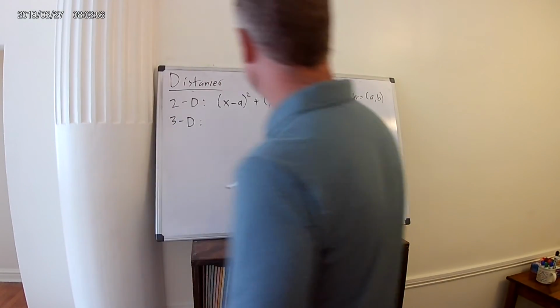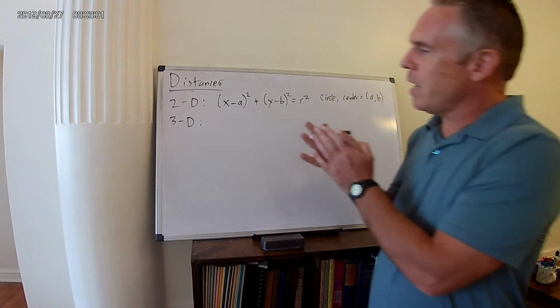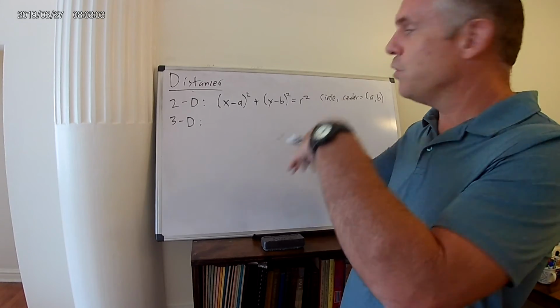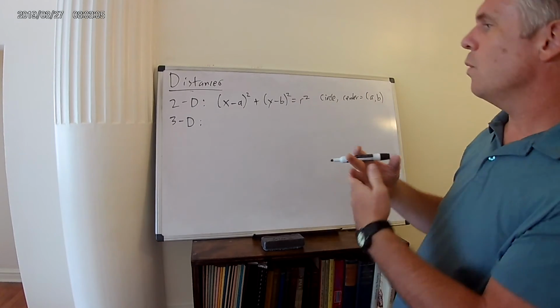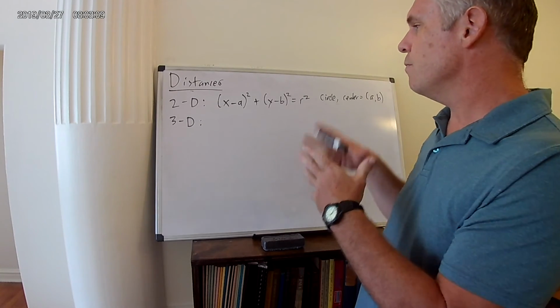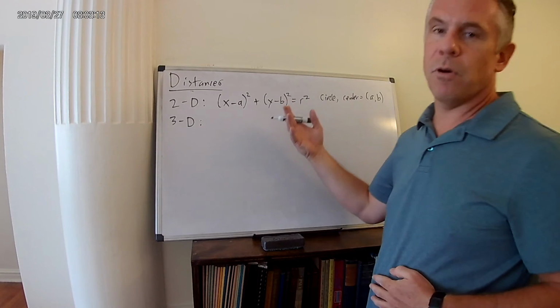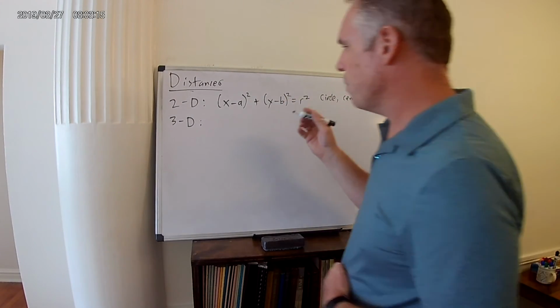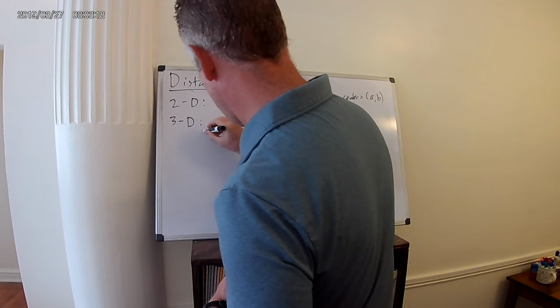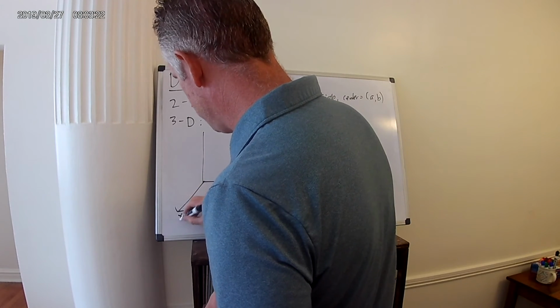The good news is, what's analogous to a circle in 2D is a sphere in 3D. So a sphere in 3D is the set of all points that are equidistant from some center point. If you remember our distance formula, let's imagine we're in 3D space.